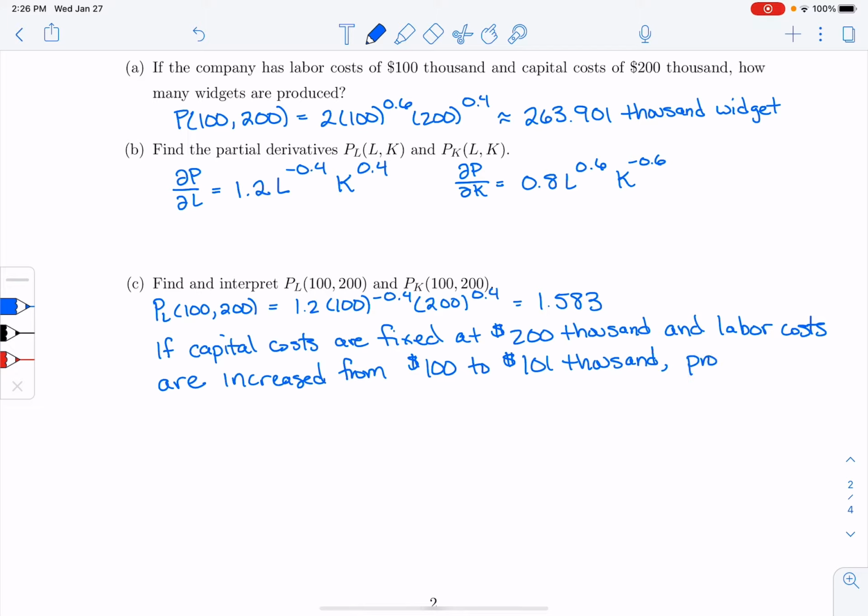Well, what is that going to do to production? Well, the partial derivative says production will increase by 1.583 thousand widgets, or in other words, 1,583 widgets.